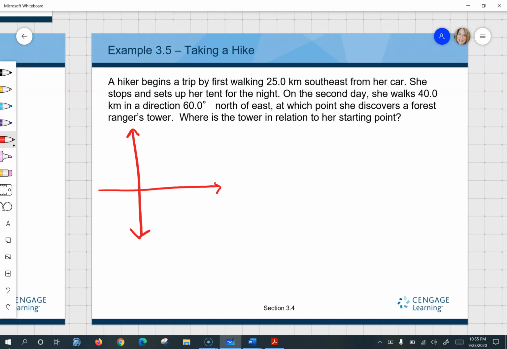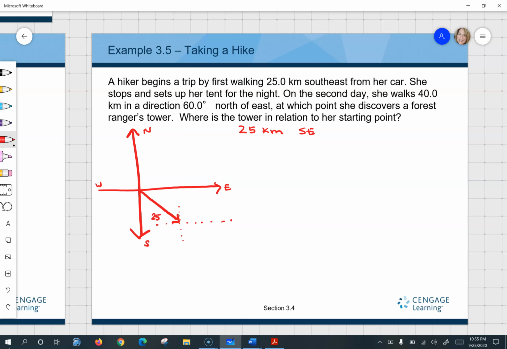Here we go. So, 25 kilometers southeast. Well, that assumes that that's just 45 degrees. Southeast, this way's east, north, west, south. So 25 kilometers. Then the next day she travels here.